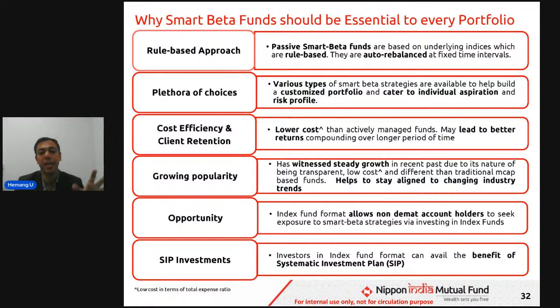You just go and buy the entire basket at a lower cost. Popularity, yes, of course, like I showed you in the landscape, it has got great traction. People are showing interest based on their own profiles and are investing in that. Non-demat holders can go and invest in index funds or FOFs, which give you exposure to these kinds of factors. And of course, SIP is available for both index funds and FOFs, right?